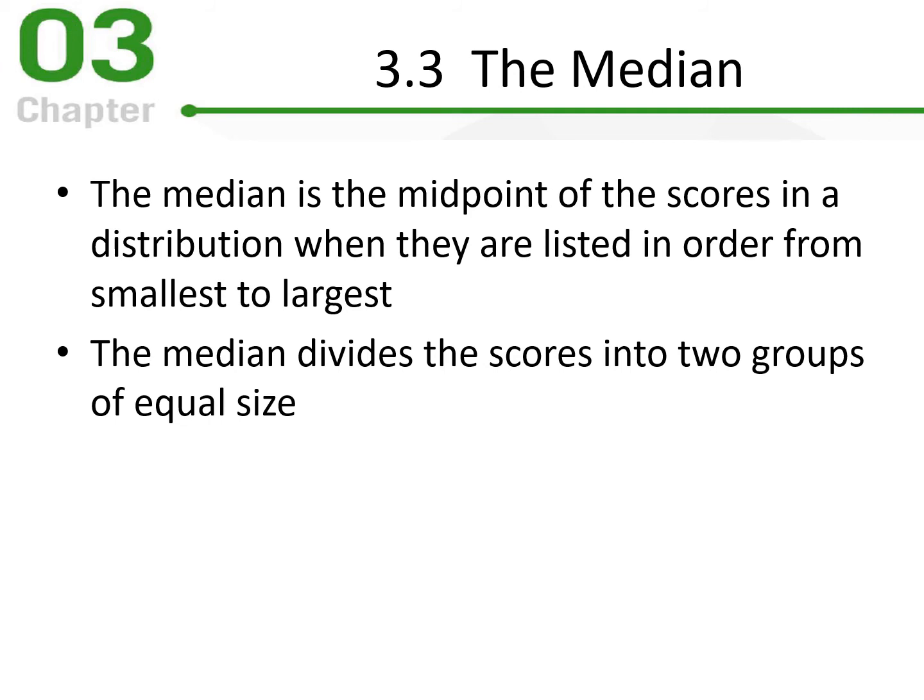If you're using a median, it's because your distribution is skewed and you're saying that the median is a better representation of the center of the distribution because the mean is being pulled in the direction of the skew, so it's not a very good measure of the center.